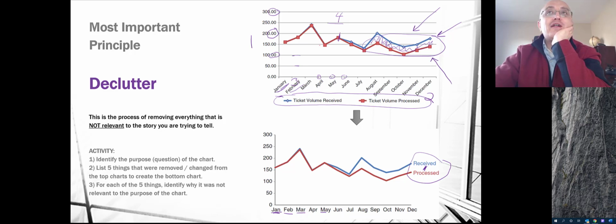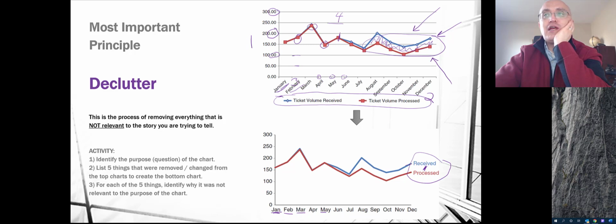The other thing that's pretty major is these mark symbols. In Tableau, you're going to learn that these things are called marks by Tableau. We might call them data points. But they take away the square. There's no need to distinguish between the blue with a diamond and the red with a square because the lines are 2 different colors. We use colors to distinguish between received and processed down here.